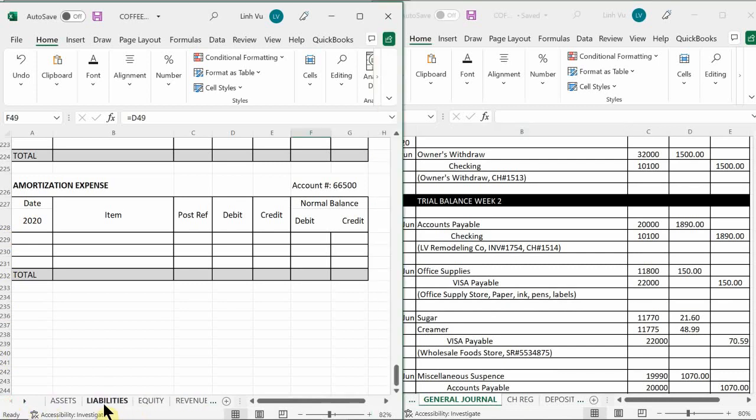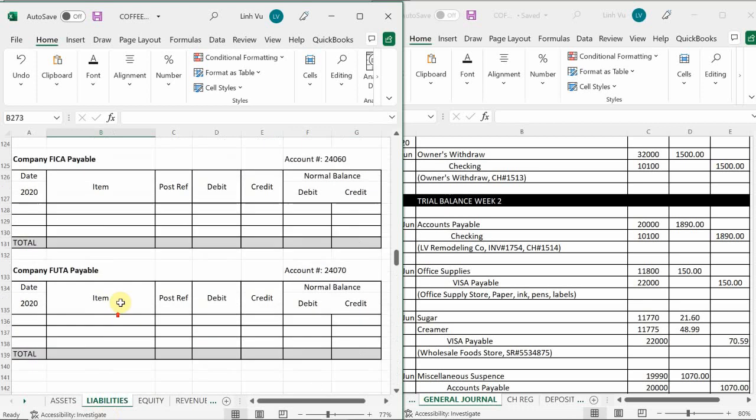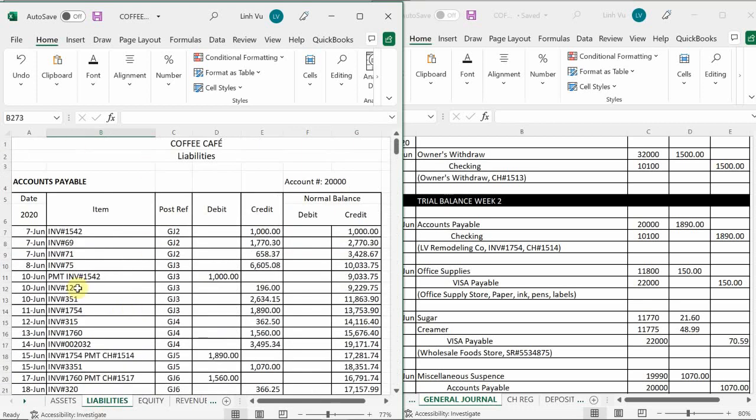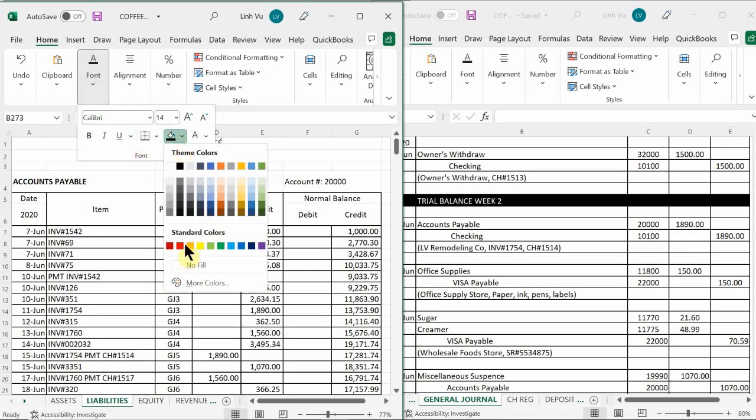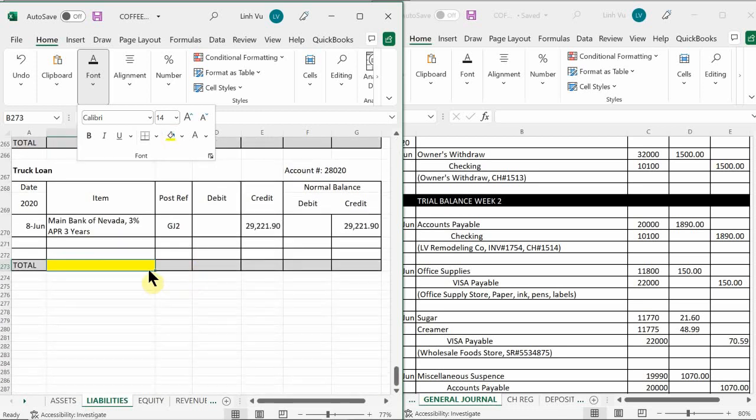We have to go all the way back and go through every single transaction. I will highlight them in yellow so we can see it really nicely.